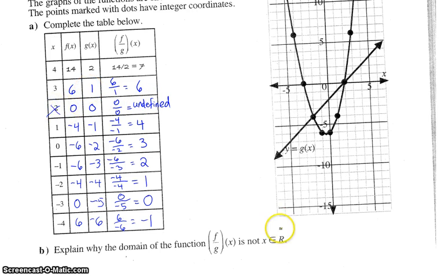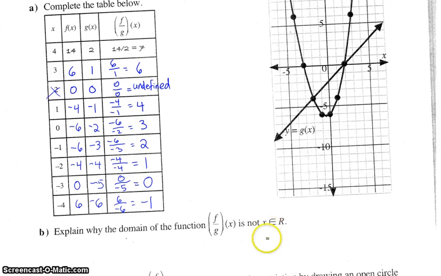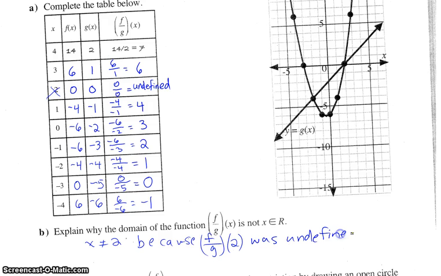So that would mean that x cannot equal 2 because f divided by g at 2 was undefined. In other words, we were dividing by 0.